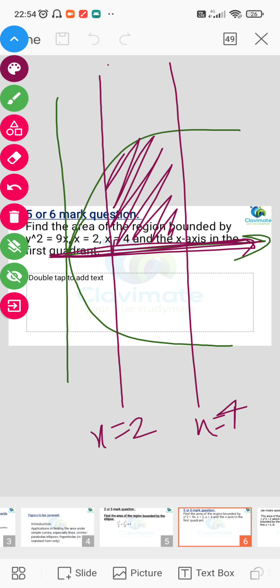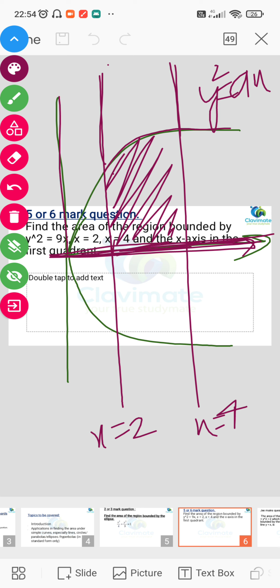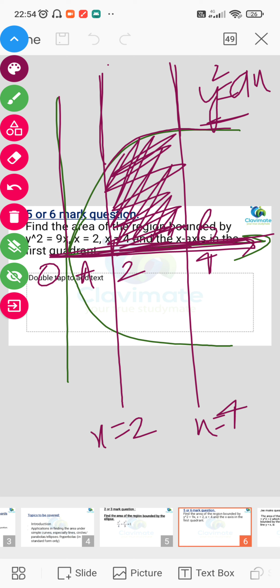This is y square is equal to 9x, this is x is equal to 2, this is x is equal to 4, and this is the x axis, so we have to find the area of the shaded region. Let us mark this as A, B, C, D.